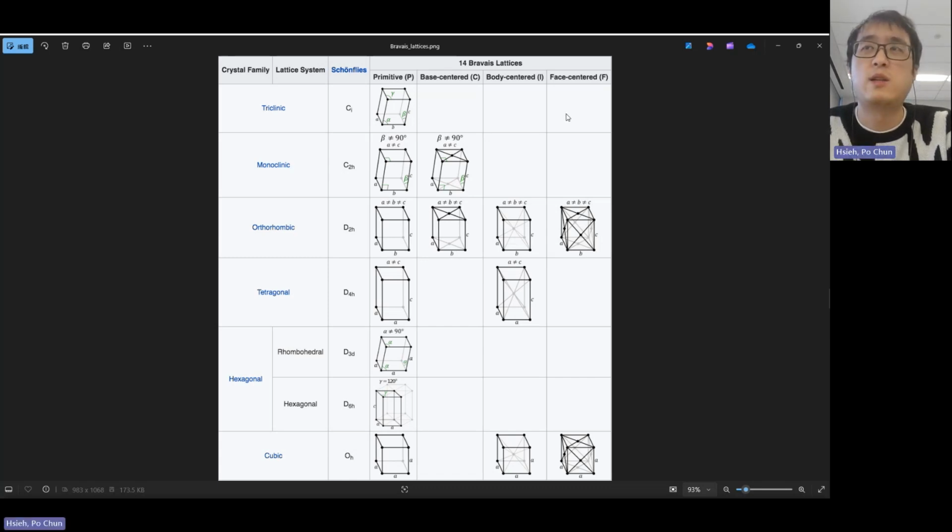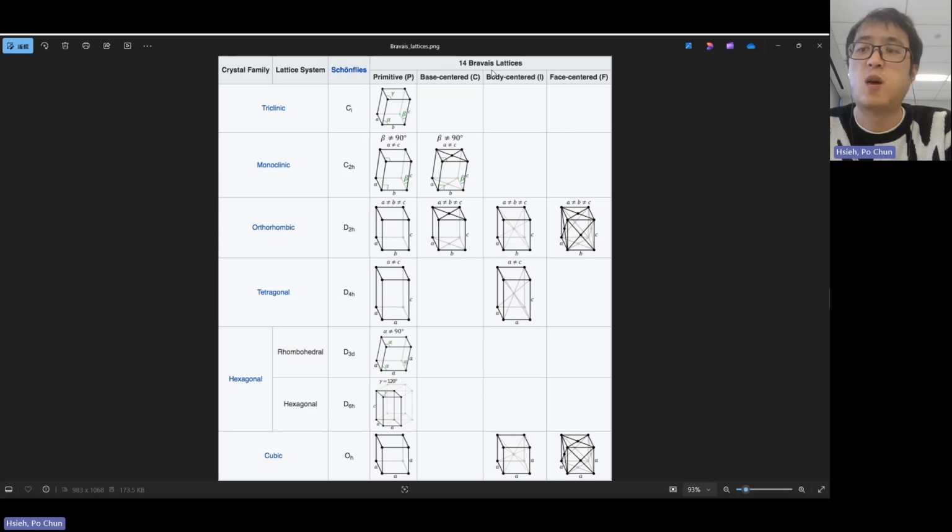So basically, a crystal material is a material that consists of a repeating, ordered arrangement of atoms. There are limited ways to arrange these atoms, which are these 14 Bravais lattices.